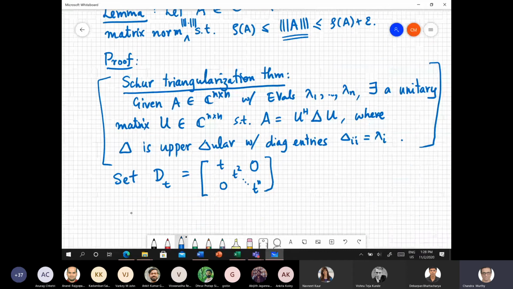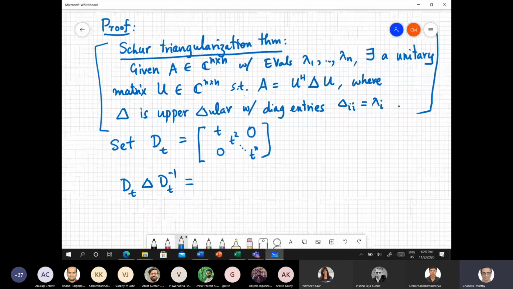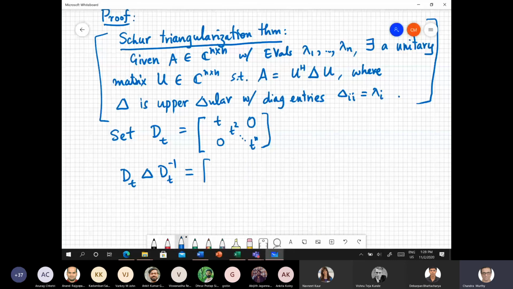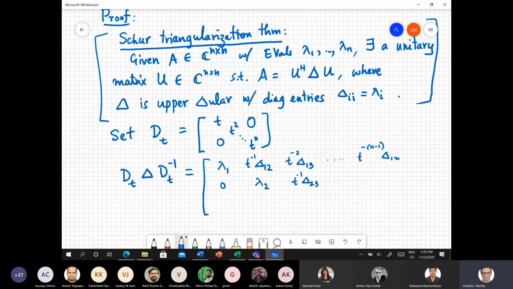And then if you compute D_t delta D_t inverse, you can try a simple 2 cross 2 example to convince yourself that this is true, you can show that this is equal to lambda 1, then t inverse delta 1 2, t to the minus 2 delta 1 3, up to t to the minus (n minus 1) delta 1 n, 0, lambda 2, t inverse delta 2 3, etc. And so all the diagonal entries will remain the same.